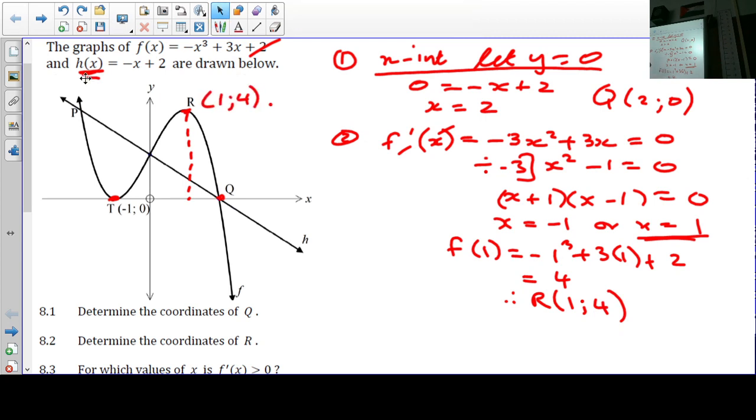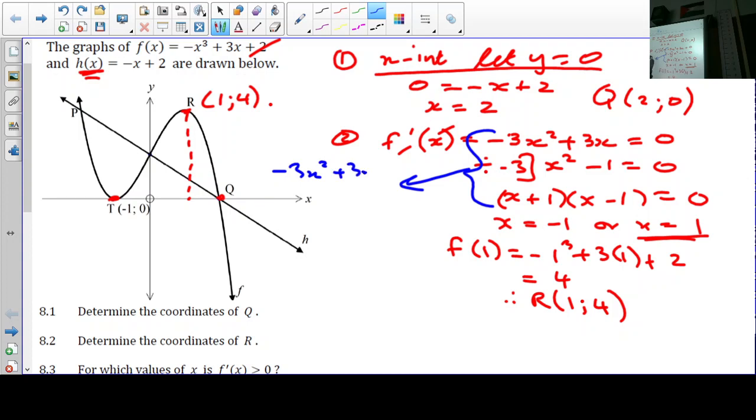Of course, there was another way I could have done this part. You say negative 3x squared plus 3 equals 0. I made a mistake, it mustn't be x. So we take the 3 over, so negative 3x squared equals negative 3, divided by negative 3 on both sides.